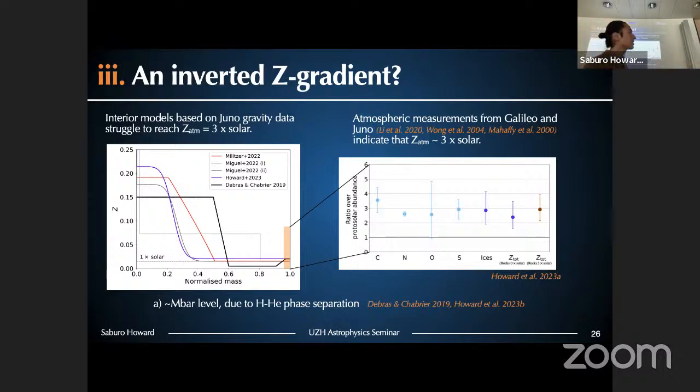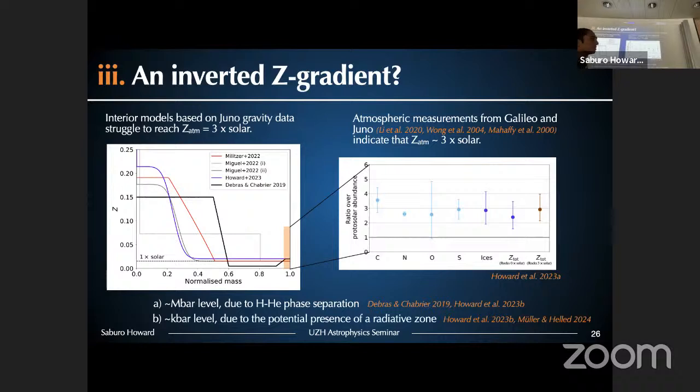And then we studied a second scenario. This time, instead of setting this Z gradient at the megabar level, we put it at the kilobar level, so in an uppermost region. And this could exist due to the potential presence of a radiative zone. But of course, we don't have evidence that this radiative zone exists. But if it exists, this scenario might work because you would need less mass to accrete to enrich the envelope of the planets.